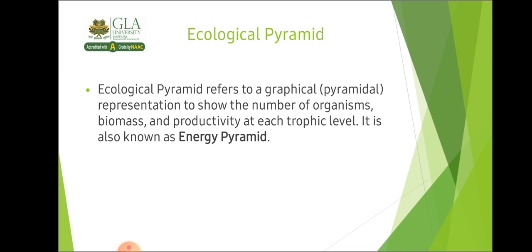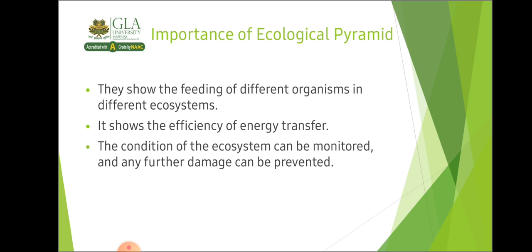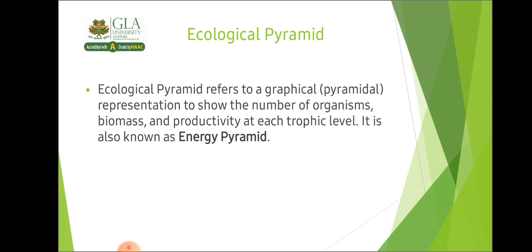Just as the name suggests, ecological pyramids are in the shape of a pyramid. The bottom of an ecological pyramid is the broadest and is always occupied by the producers.